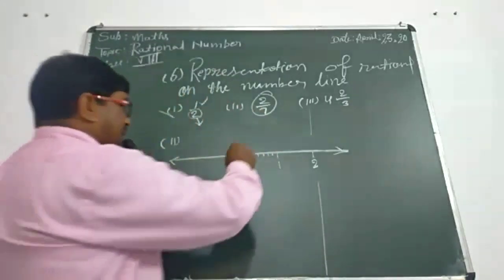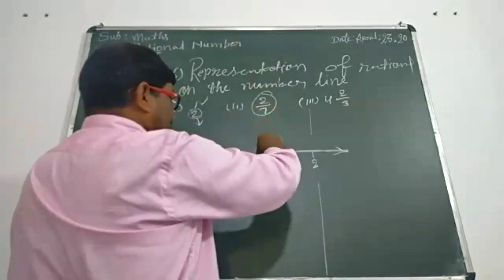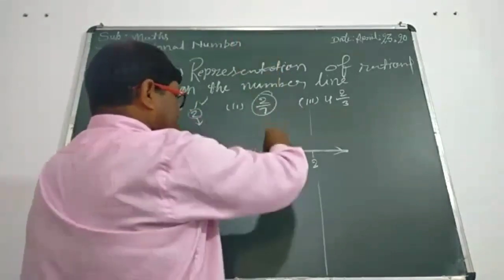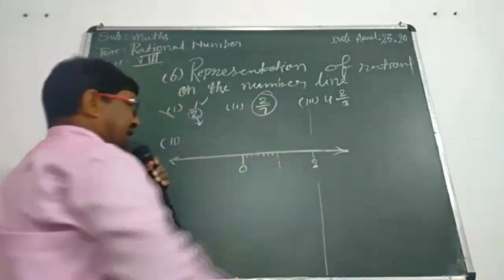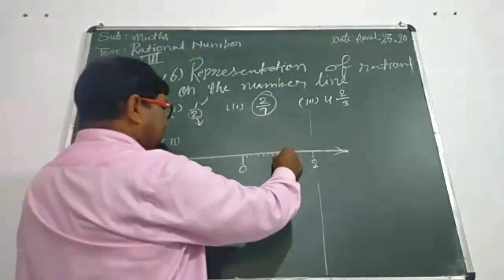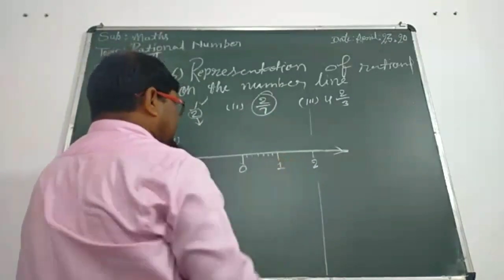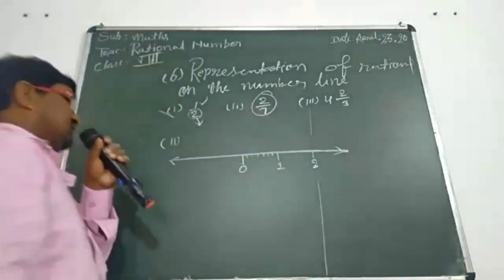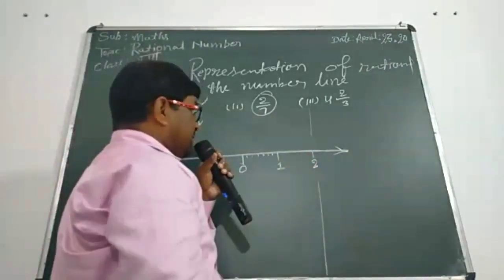Check the subparts. 1, 2, 3, 4, 5, 6, 7 subparts. Okay. Divide the first part on the number line into 7 subparts. Now think, this is also 7 subparts.